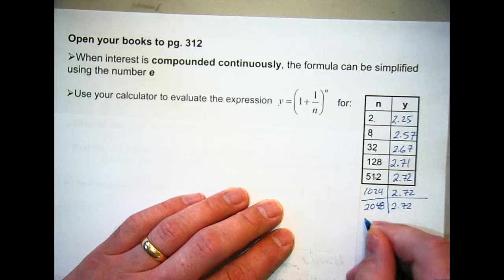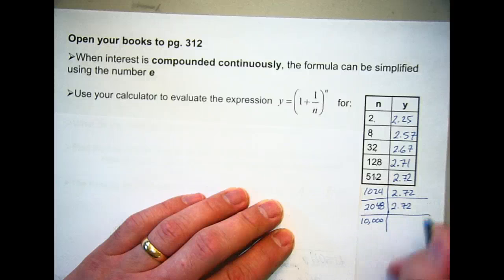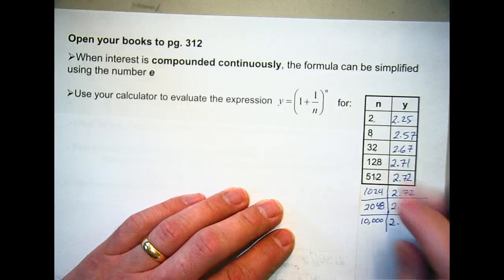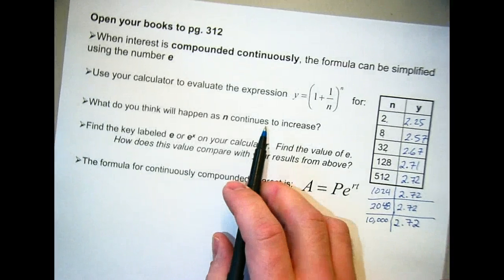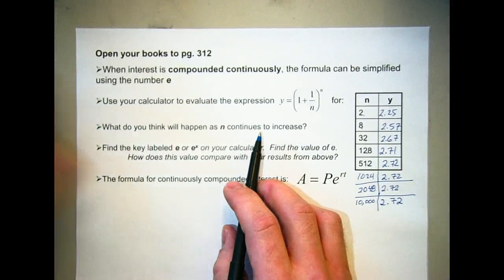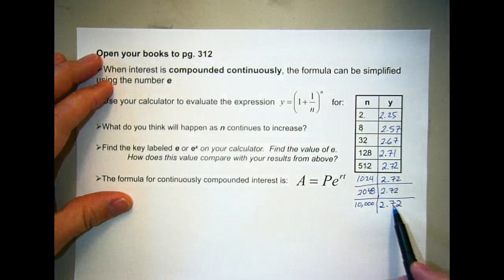All right, let's go 10,000th. 2.72. Huh. Well, what do you think will happen as n continues to increase? Eventually we just get to 2.72.